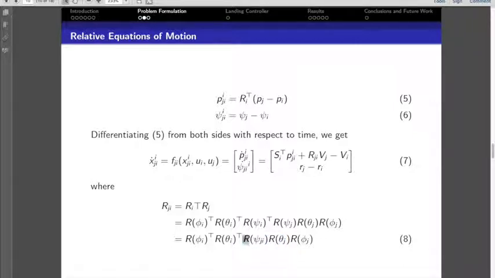Okay, so this matrix depends on this delta psi JI, which is basically a state here. So equation number 8, and this phi and theta is estimated using IMU for each vehicle, and which is kind of broadcasted to the landing vehicle.